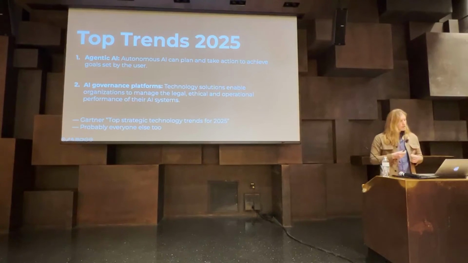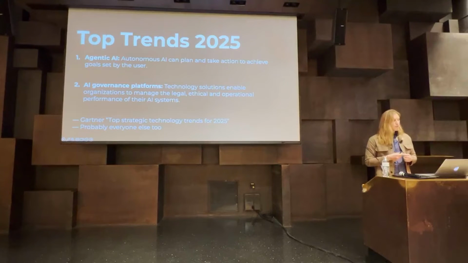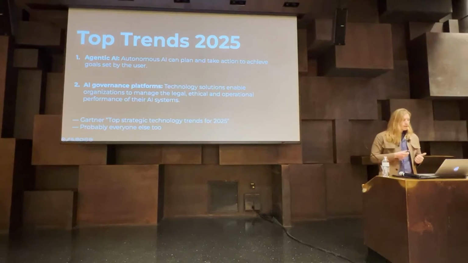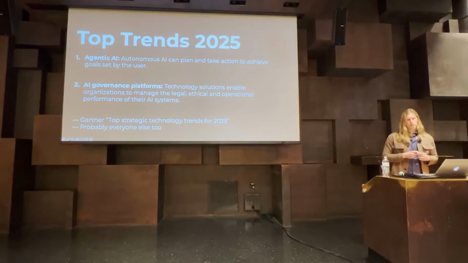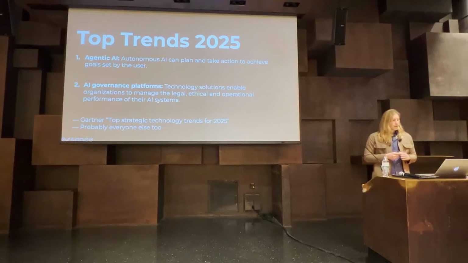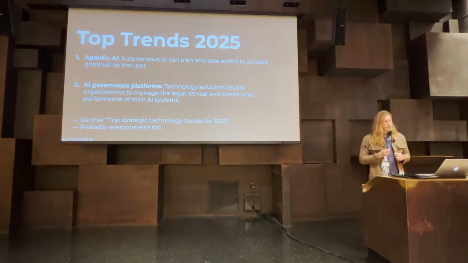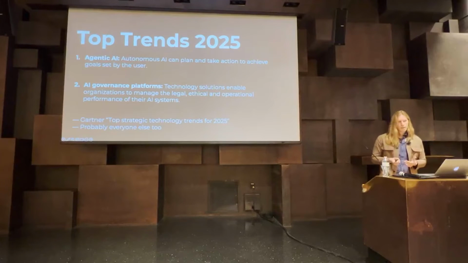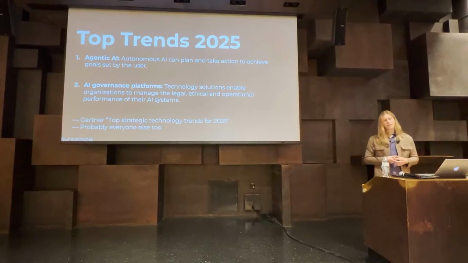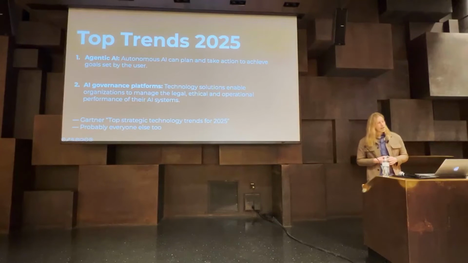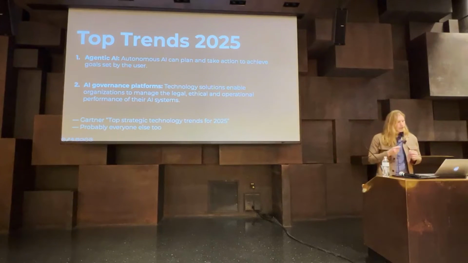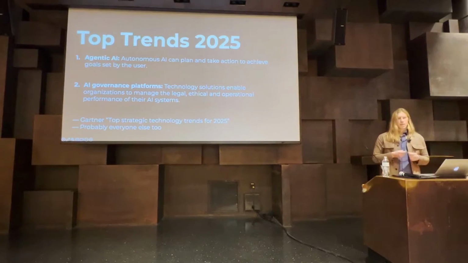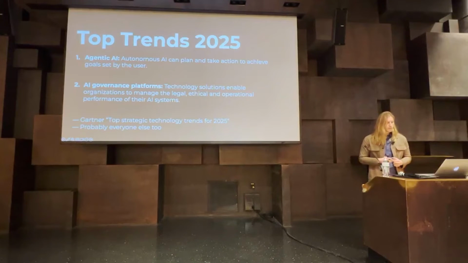Here, technology solutions enable organizations to manage the legal, ethical, and operational performance of their AI systems. Now, I don't know that state machines have anything to say about the ethical or maybe legal aspects of building AI, but I'm confident that they have something to say about the operational performance.